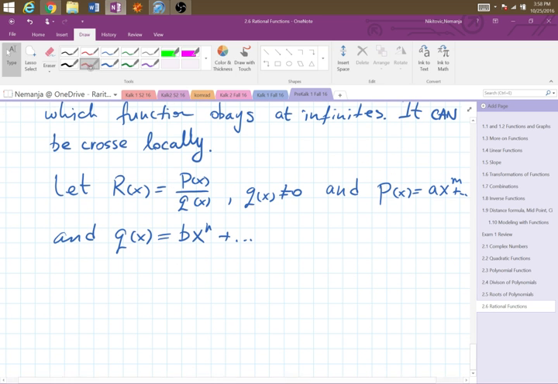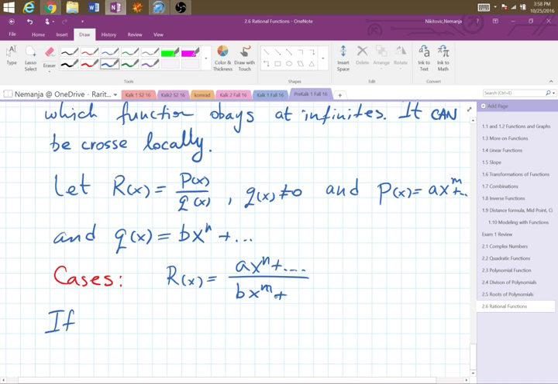So here are the cases. Cases for r of x equals a x to the m plus dot dot dot divided by b x to the n plus dot dot dot. I switched them again.